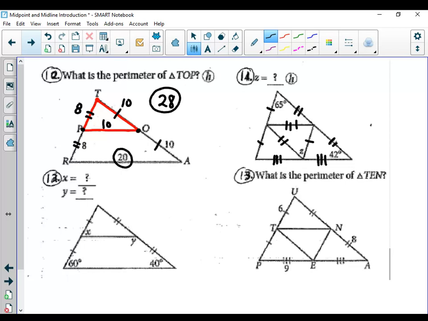They gave us some information. They said this angle up here was 65 degrees. They said this angle down here was 42 degrees. Eventually, we want to find this angle right here that was missing.